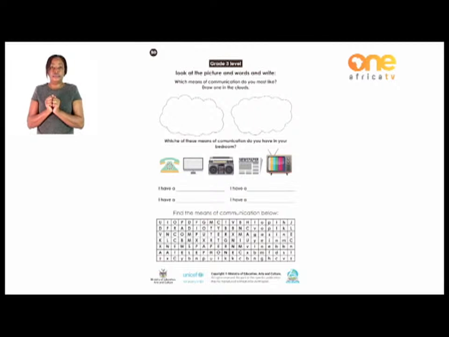I have already seen one in front of me here. Are you together with me? If you are following with me, there is one which is just visible in my eyes. I have seen radio already. Just circle it and find for me also a telephone, a computer, radio, newspaper. You can find them here. They are all inside there, or a TV.